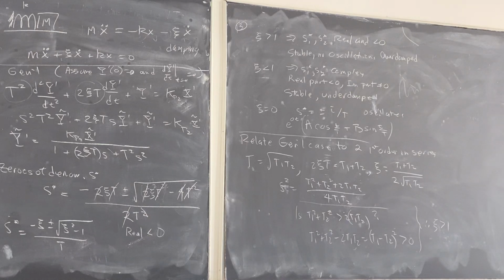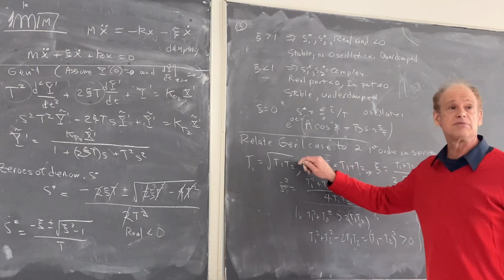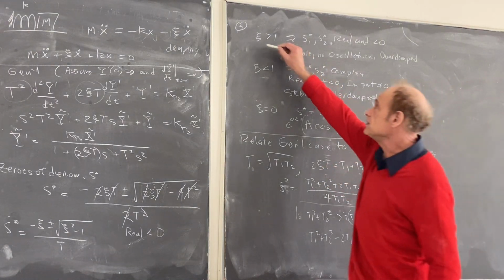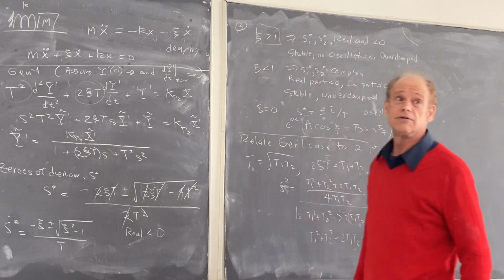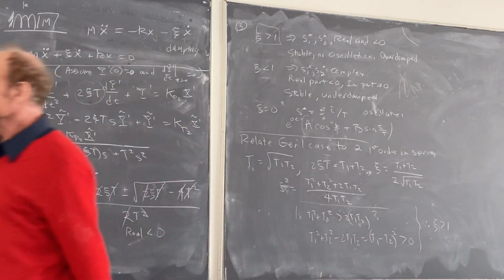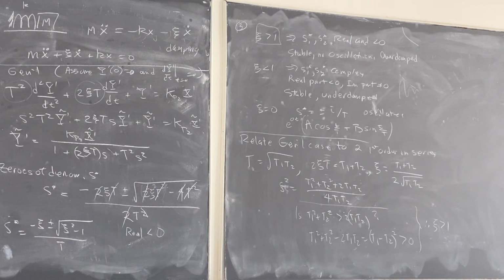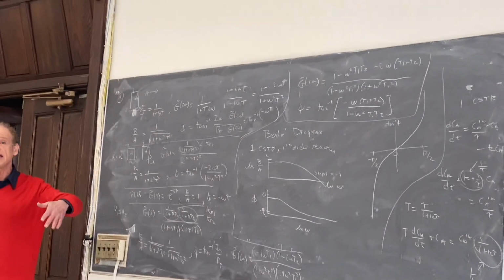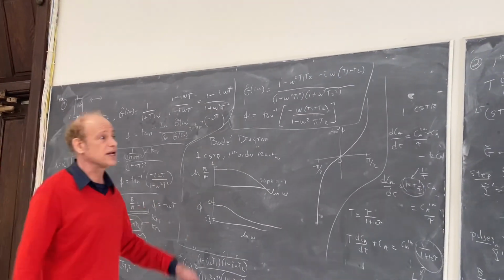So in the case of two first-order systems in series, I'm always in this situation where it's stable, and we knew that because we had solved that explicitly.